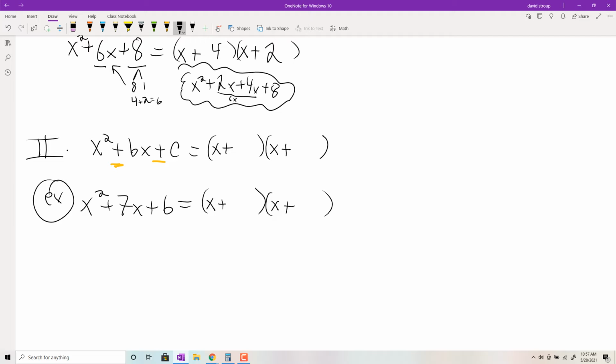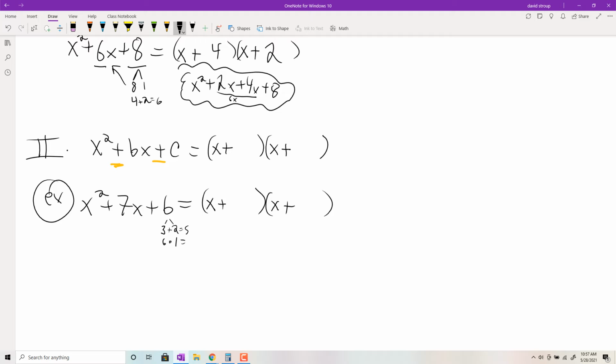Then it's just a matter of saying to yourself, what times what gives me 6, but adds to 7? Usually underneath the 6, I'll do a little factoring. So 3 times 2 is 6, but 3 plus 2 is 5. I'm looking for two numbers that multiply to give me 6, but add to give me 7. The only other factorization is 6 and 1.